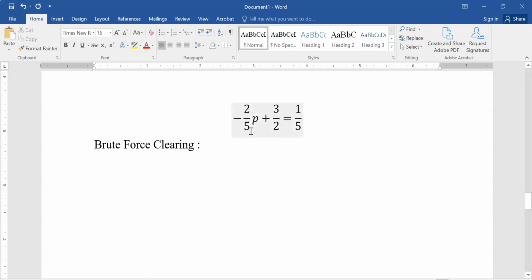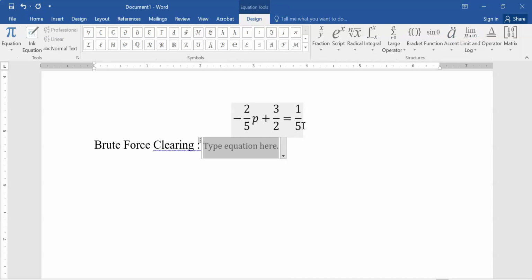All right, so I look at my denominators. I've got a 5, a 2, and a 5. Some people would say that since we have 5 twice, I don't have to write it twice. I'm going to say, let's take this brute force clearing and take it literally. So 5 times 2 times 5, you come out with 50.